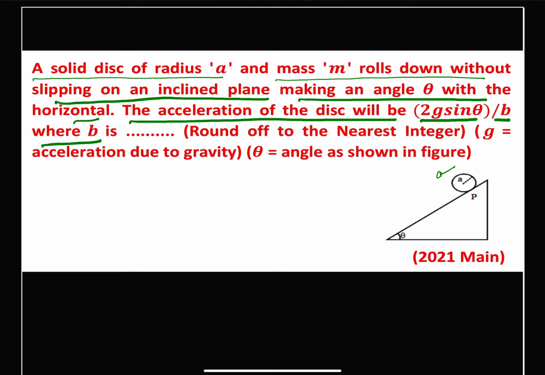So there will be two types of forces acting on the disk, rather we can say three forces, but we are only interested in two forces. One will be the component of the mg, and the other one will be the frictional force, which will be giving us a torque. Okay, let me draw it.